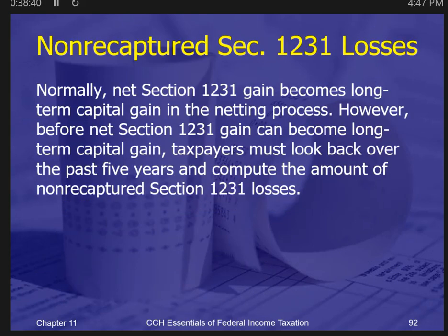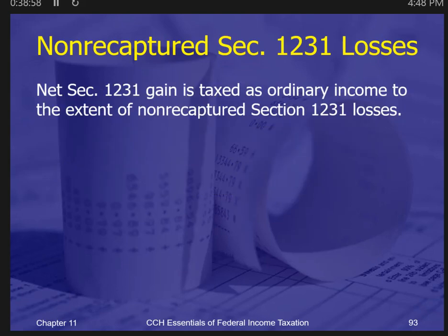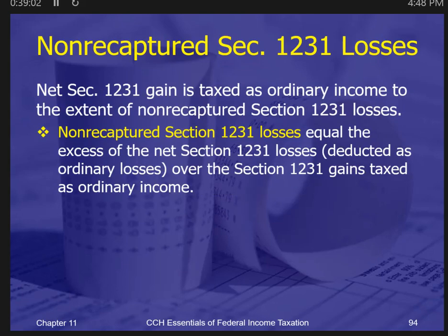Second problem with Section 1231 gains, second way that they are limited, you might say, and that is you have to look back over the past 5 years. Anytime you have a long-term capital, a Section 1231 gain, you have to look back and see if you have any losses from the last 5 years. To the extent you do, they are ordinary income. Okay, so you look back.